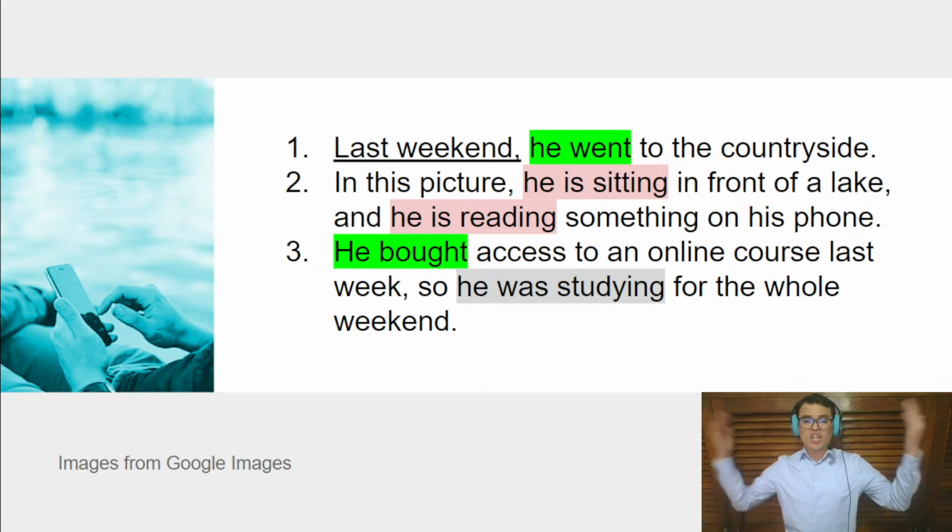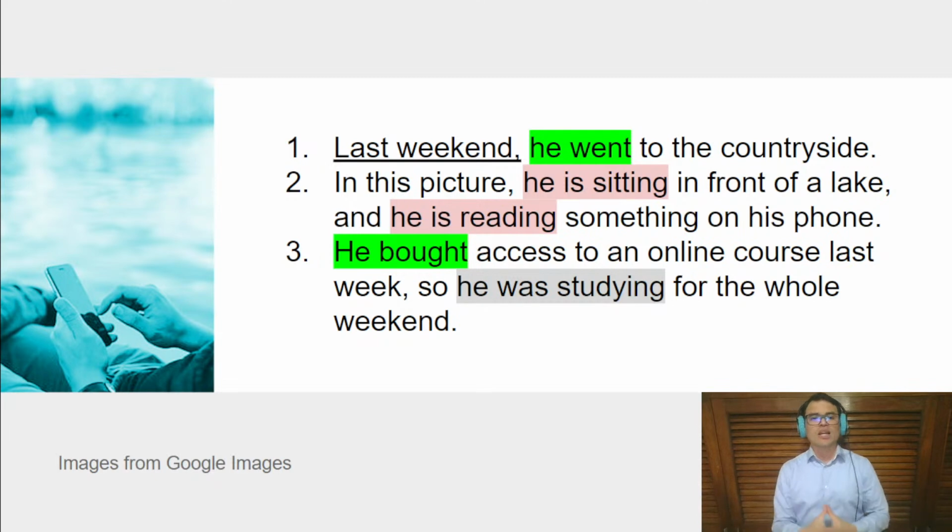He was studying, to talk about an action that was in progress in the past. Listen, last weekend, that is your time expression that gives context, the context that you need for the whole thing. Last weekend, he went to the countryside. Simple past, he went. Irregular verb. Subject he, irregular verb went.